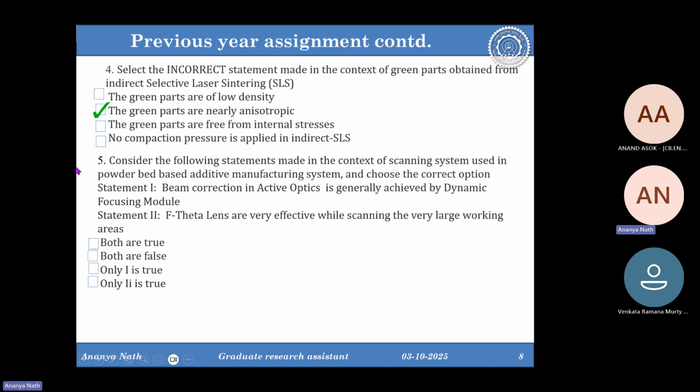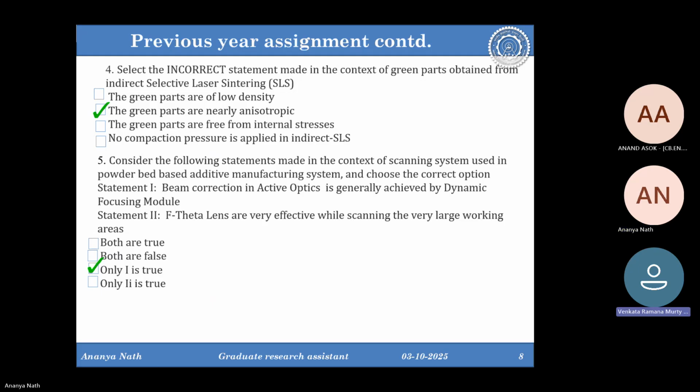Statement 2: F theta lenses are very effective while scanning a very large working area. No, F theta lenses are not very effective if you are scanning a large area because they are used to focus the laser over a tiny range of theta angle, which is directly proportional to the area of the build print.